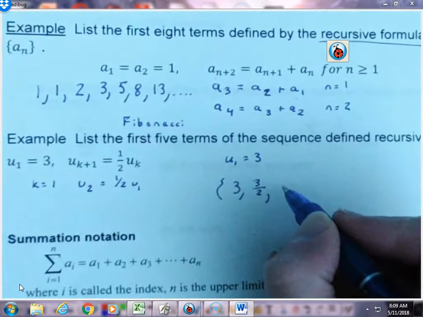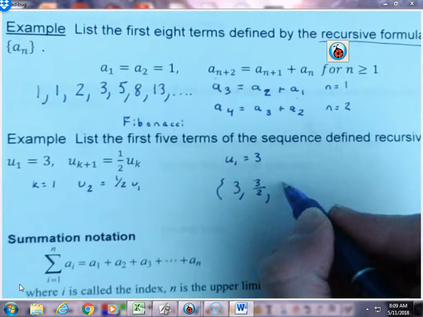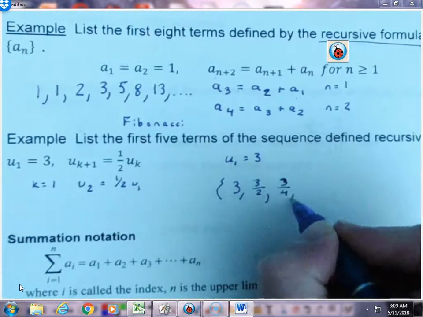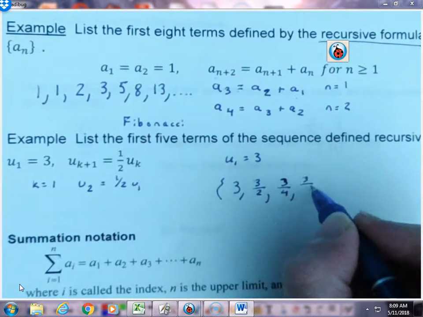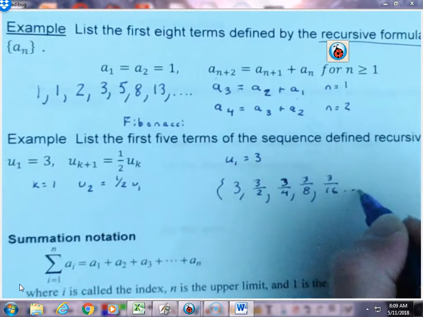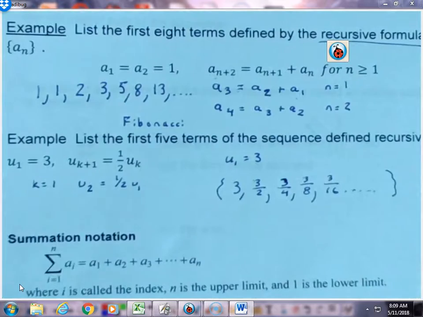Oh, you're correct, of course. It gets easier to write the fractions if I have to keep multiplying by a half. So what's next? And then next? And one more. Yep. That's easier than the decimals for that one if you're not sitting there with a calculator.